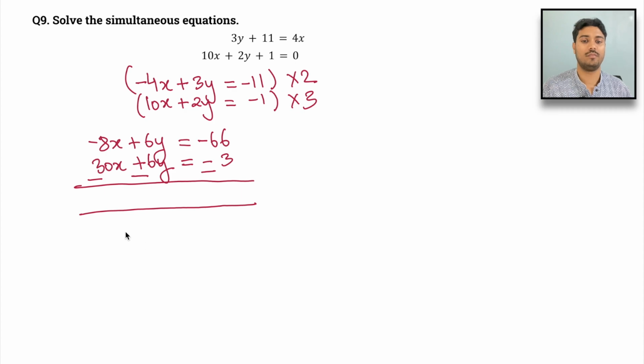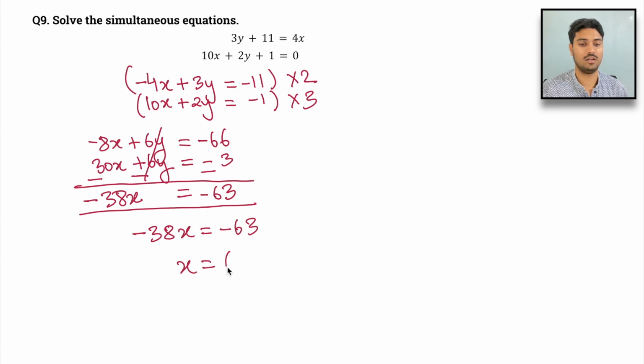So minus 8 minus 30 is minus 38x, and the 6y will cancel out, which equals minus 66 minus minus 3. So minus 66 plus 3, that is minus 63. So minus 38x equals minus 63.